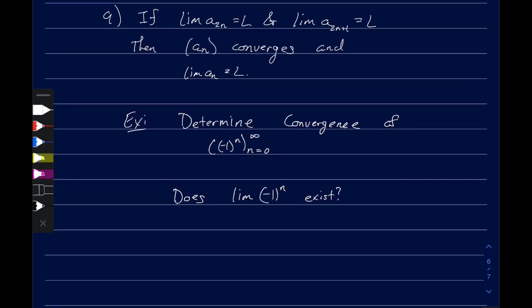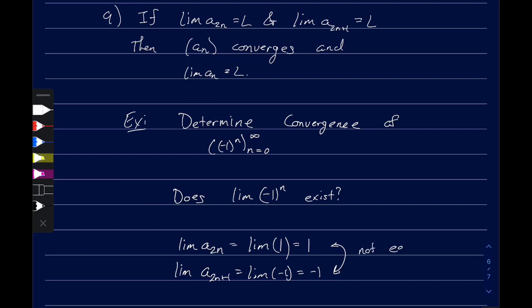And if we look at using property 9, so let's just pull that up, the limit of a_2n is equal to the limit of 1, which is 1. So that exists. But then we look at the limit of a_(2n+1), and that's going to be the limit of -1, and that's -1.